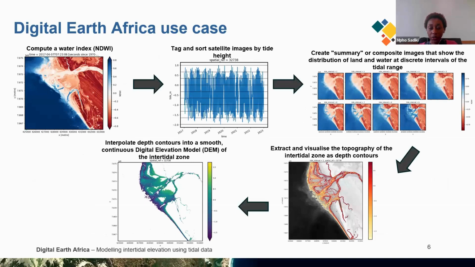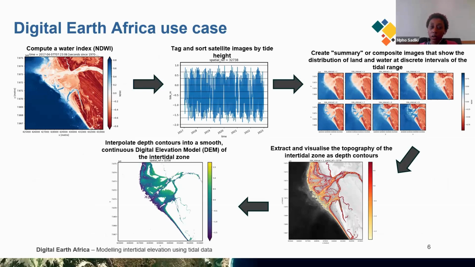In the Digital Earth Africa use case, there are 5 major steps that we will go through, in addition to the more traditional ones of specifying the packages that you require for the analysis and specifying the area of interest.